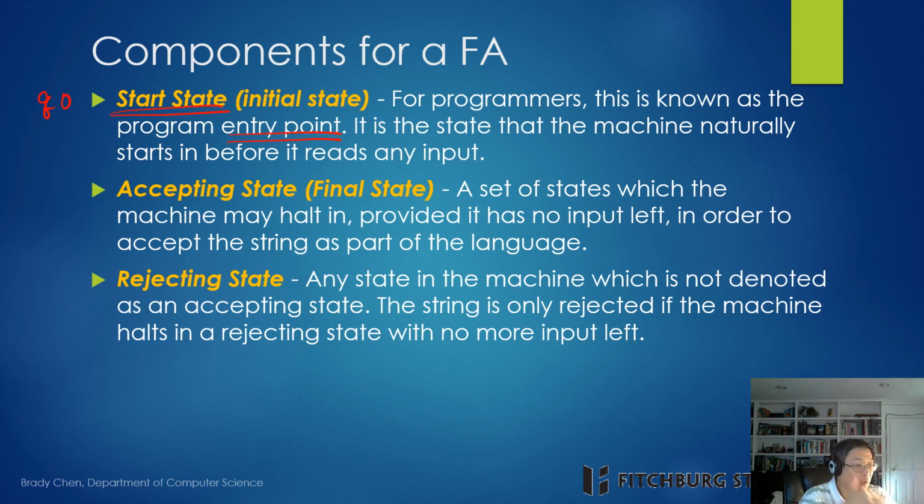Normally, it's the first statement in the main program. In Java, it could be in the main, M-A-I-N. So it's the state that the machine starts in before it reads any input. That's the start state.